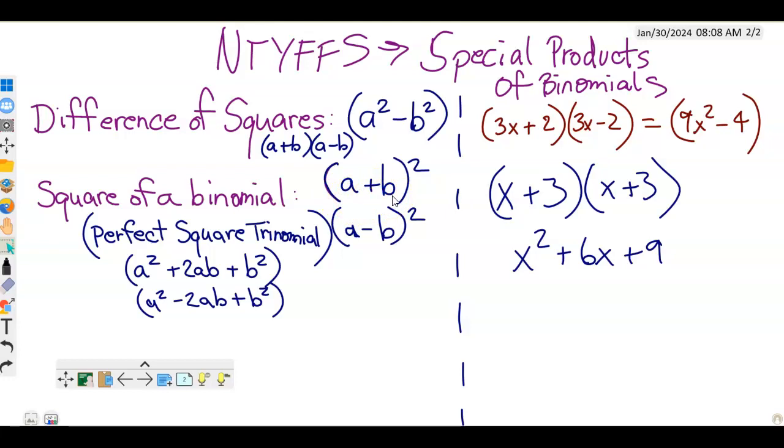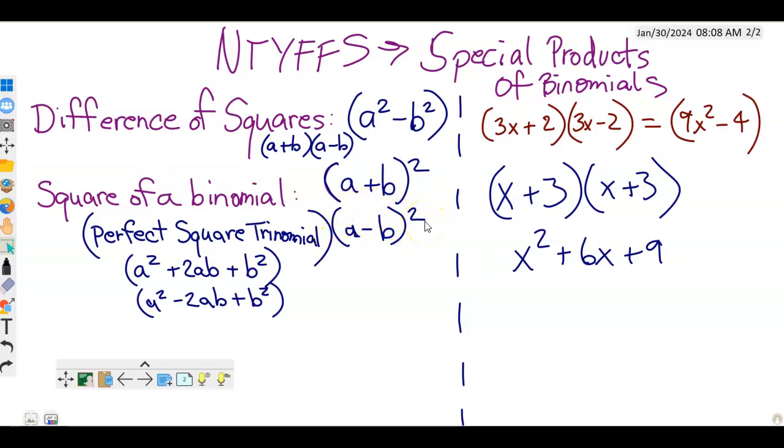And the way you say it is A plus B quantity squared. Okay? You can also have the square of a binomial that's a difference. Okay? A minus B quantity squared.